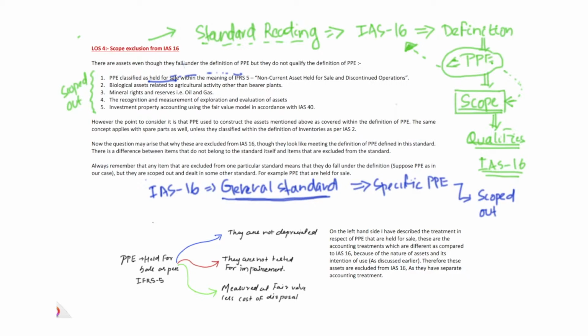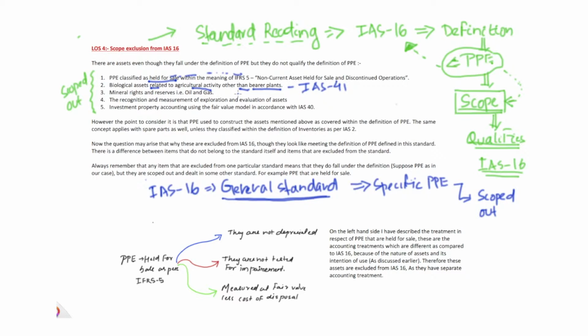The second point is in respect of biological assets. Biological assets relating to agricultural activity, other than bearer plants, are covered by IAS 41, and the accounting treatment for those assets is not governed by IAS 16.